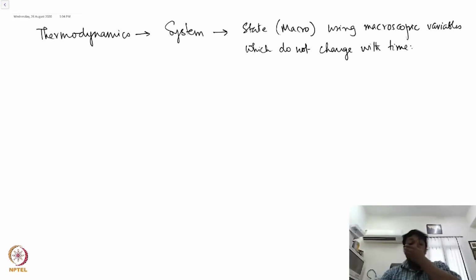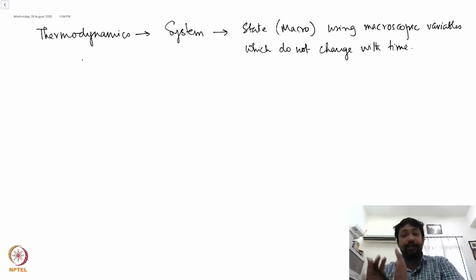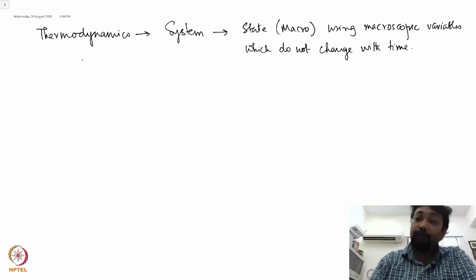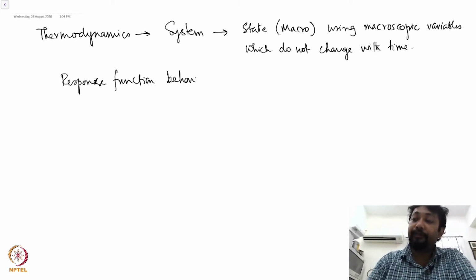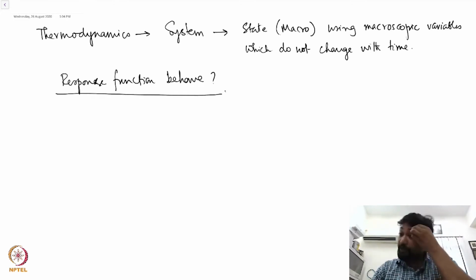Now, what kind of question can you ask? In some sense thermodynamics is limited, and therefore the kind of questions and answers that you can get using thermodynamics is also limited. One of the most important things that you can ask is, how does the response function behave? What is the response function? It is very, very simple.